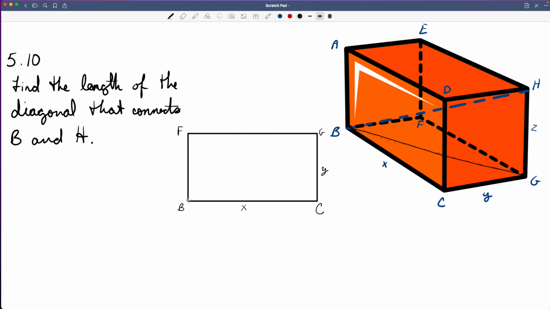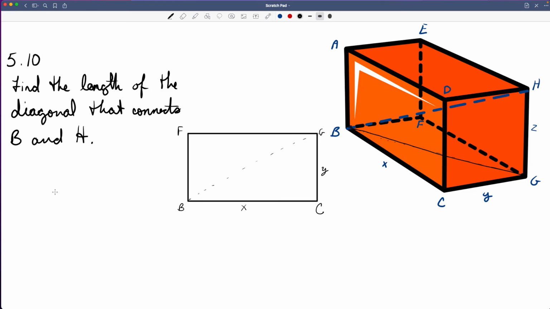So we're going to find the diagonal from B to G because that is the diagonal direct plane that BH is on. BH goes from here up above G, directly above G. So that creates our triangle that we're looking for. So let's find the diagonal BG first.